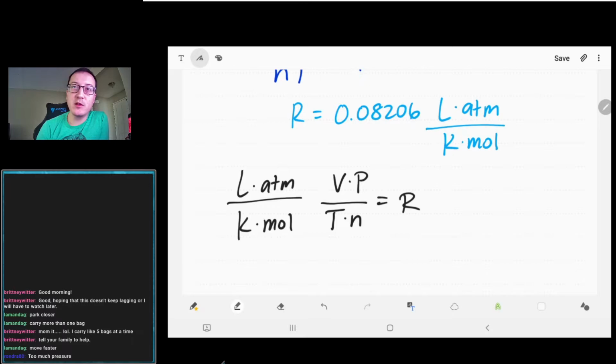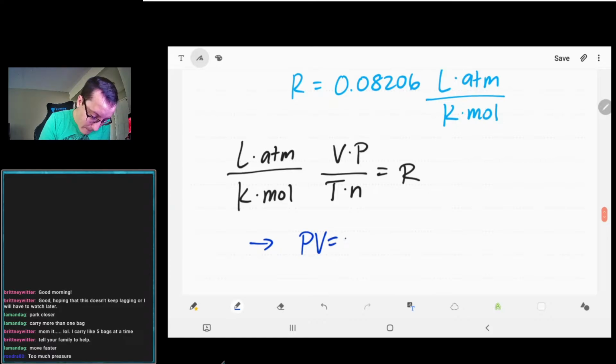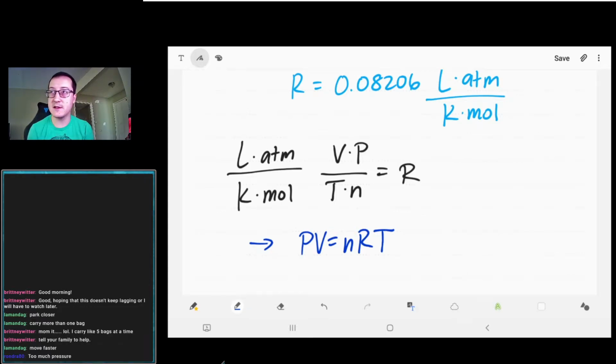Oftentimes people will arrange this alphabetically in one line, and if you were to move n and t onto the other side of the equation, you would get this. It does not matter. It's still the same equation, right?